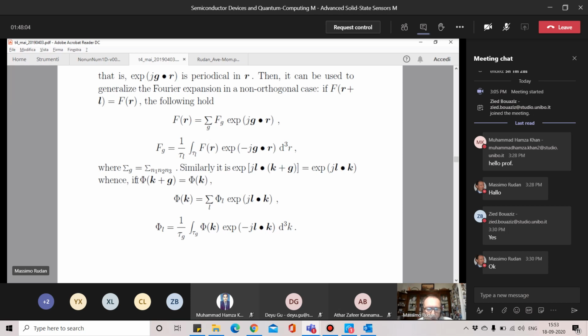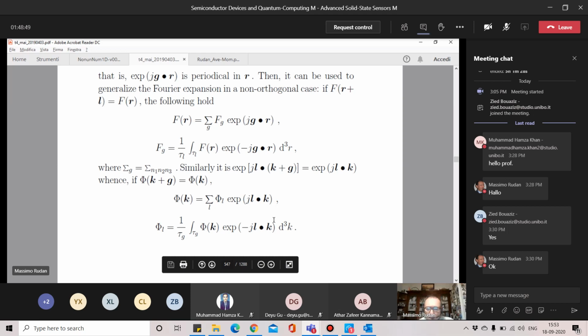So when we want to consider a function that happens to be periodic in the scaled reciprocal lattice, like this phi, we can expand phi in a series. In this case, the sum is over L, so it is again a triple sum over the indices M1, M2, M3 of the translational vector L, of some coefficients phi L times the exponential.